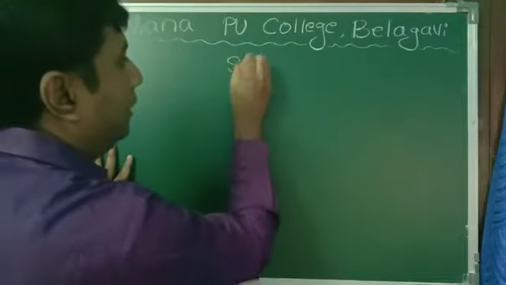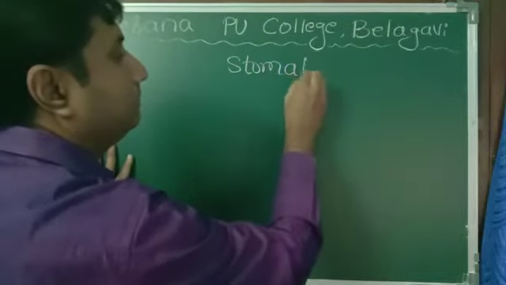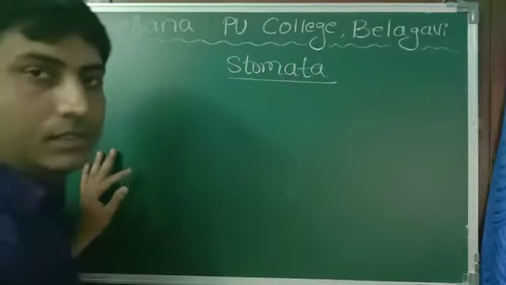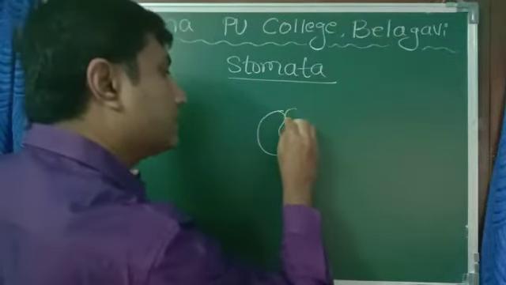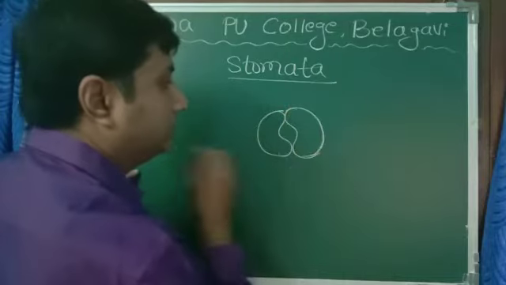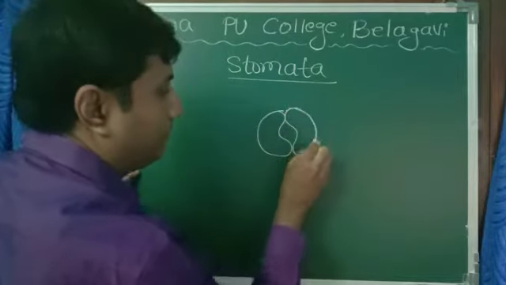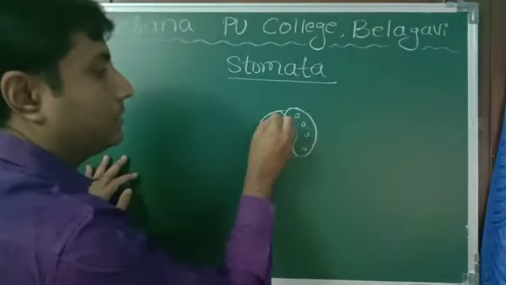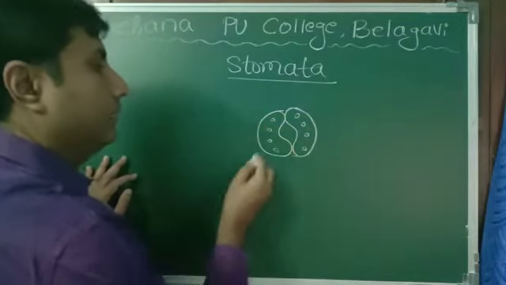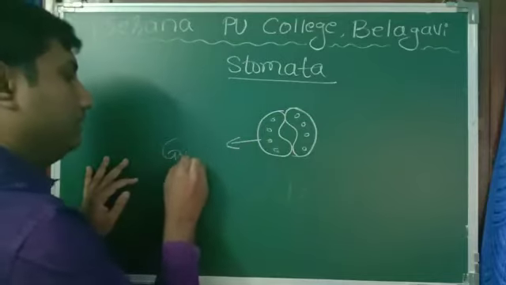Those openings are called stoma or stomata. They are guarded by two kidney-shaped guard cells. These are the chloroplasts. This is the guard cell.